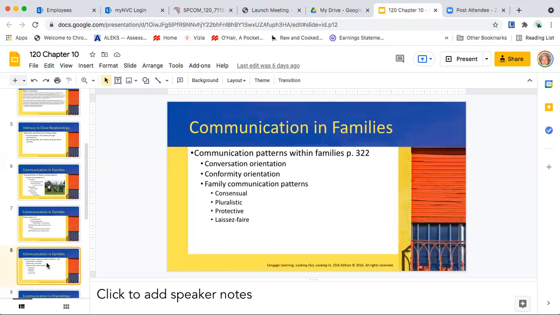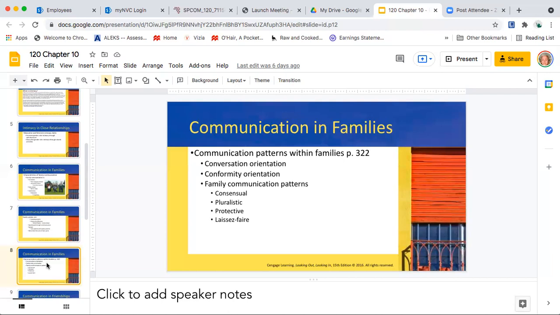With a high conformity orientation and a high conversation orientation, you end up with a consensual family. If you have high conformity orientation and low conversation orientation, you have protective families. I would like to go into the definitions of consensual, pluralistic, protective, and laissez-faire.